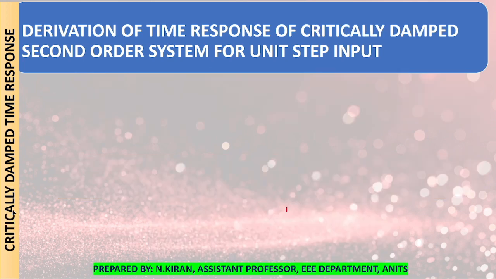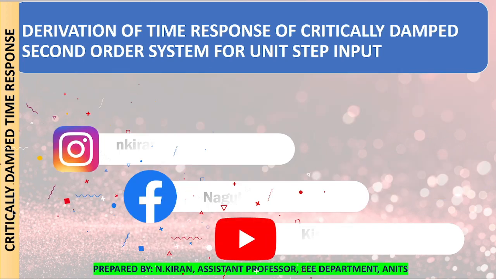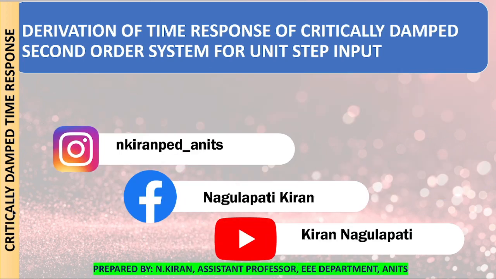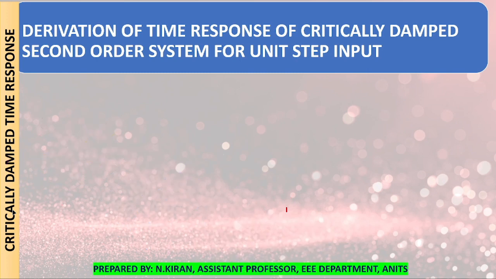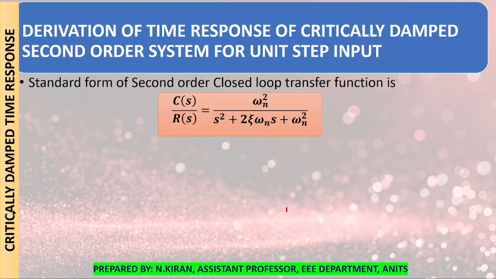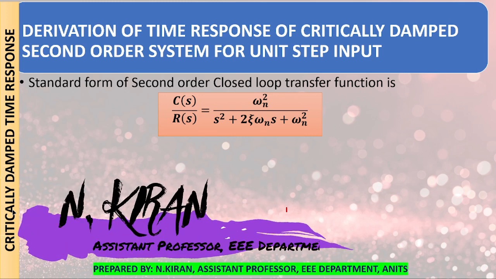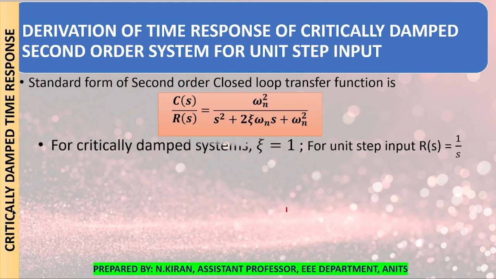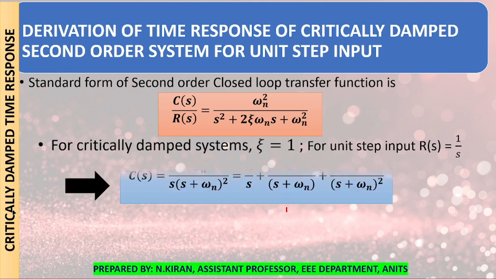And the last case is critically damped second order system for unit step. That is, zeta value is 1, isn't it? We know the standard form of second order closed loop system. If I substitute zeta as 1 and R(s) as 1 by s, that will bring me to the expression of C(s) as omega n square by s into (s plus omega n) whole square.